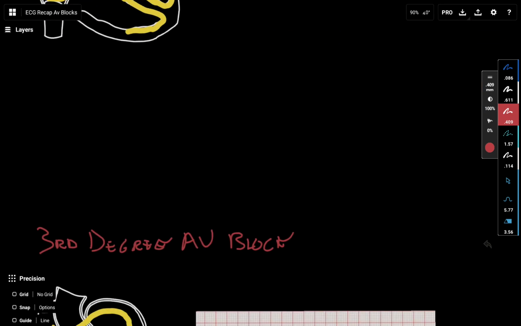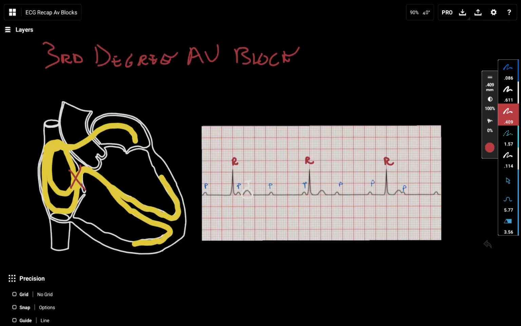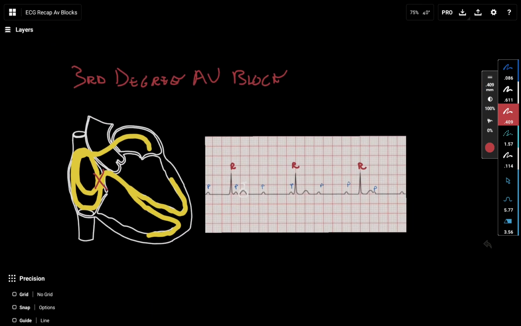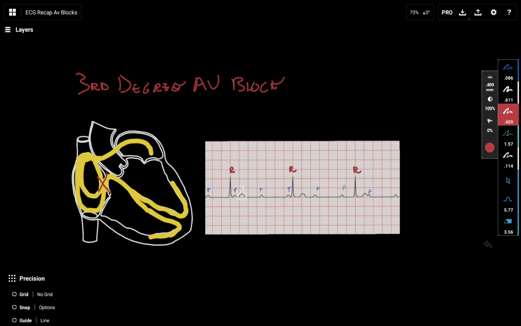And your third degree heart block is usually associated with quite a profound bradycardia, and it shows as a complete dissociation between your P wave and your R wave. Your AV node is not really conducting anything.